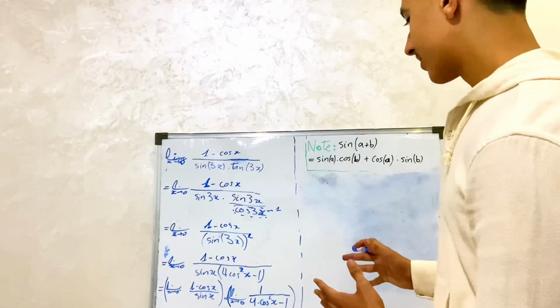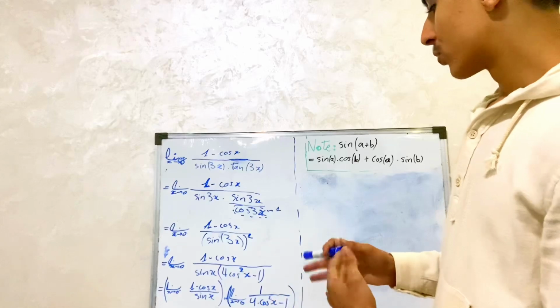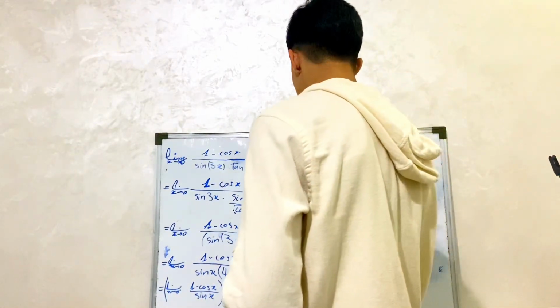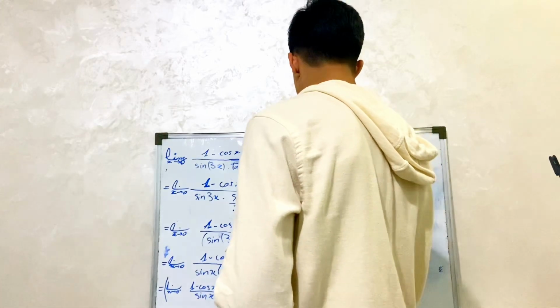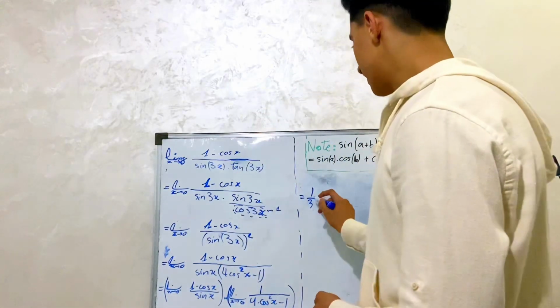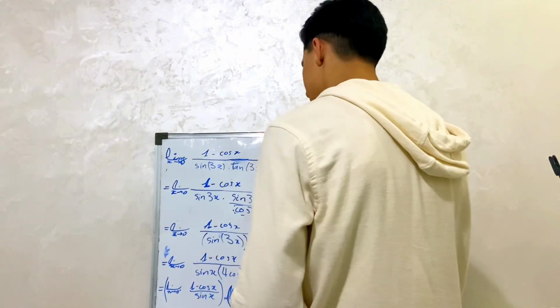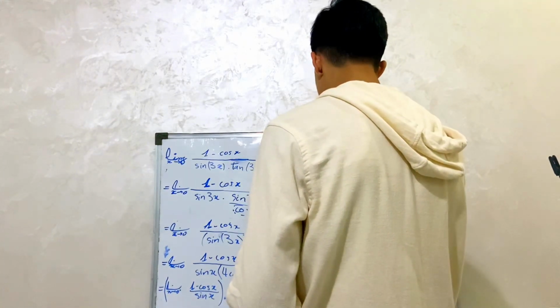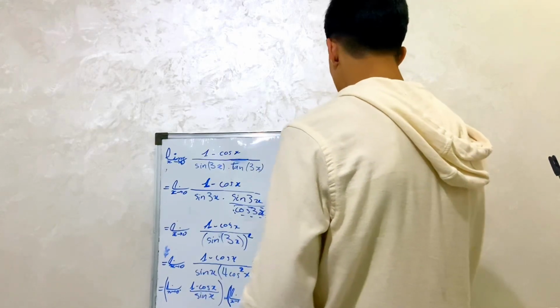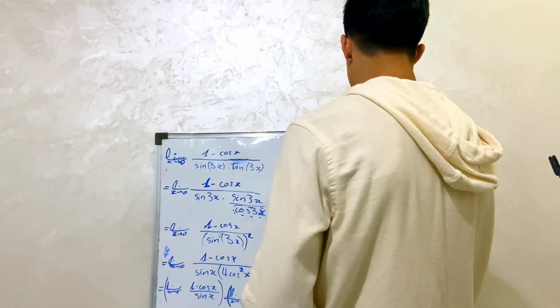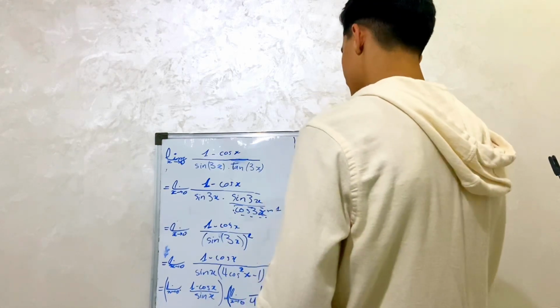We can just put it out to the front, so it is a simpler looking limit. So it's 1 over 3 times this limit here. Limit as x goes to 0 of 1 minus cosine x over sine x.